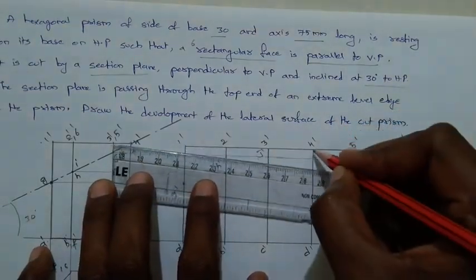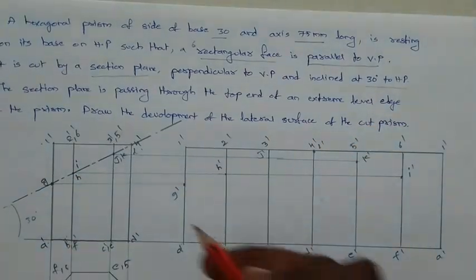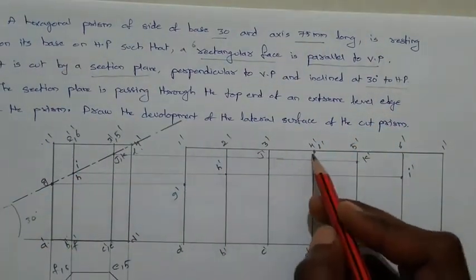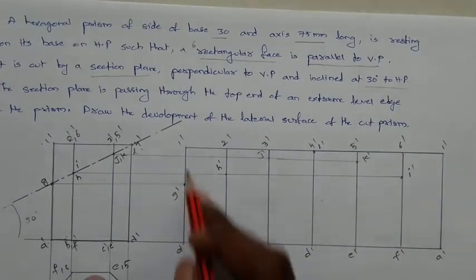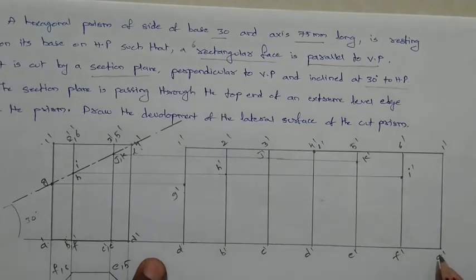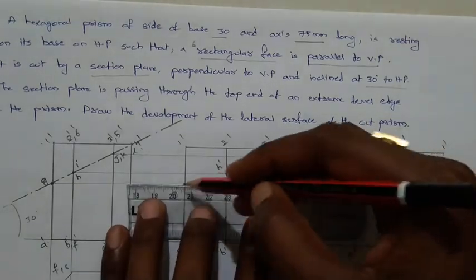Here we will be having L dash here. Now G, H, J, L, K, I, and here G is lying on A1. A1 we are also having at the end, right? So we have to extend this.